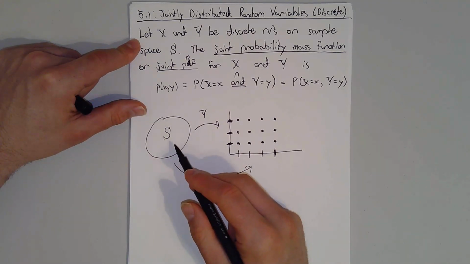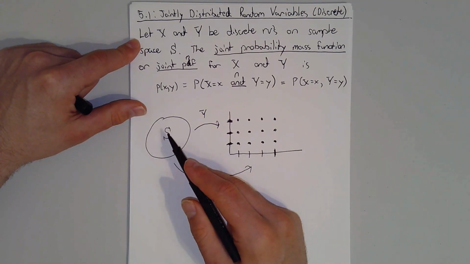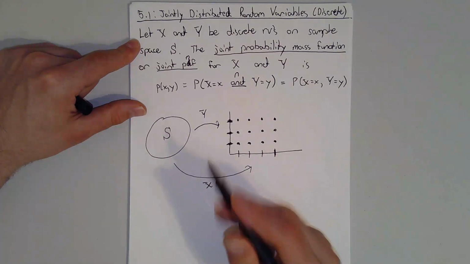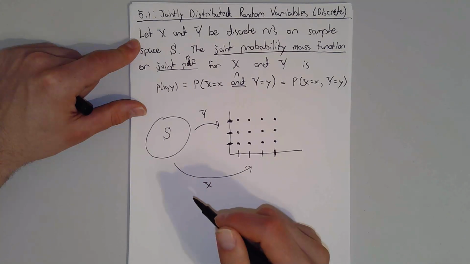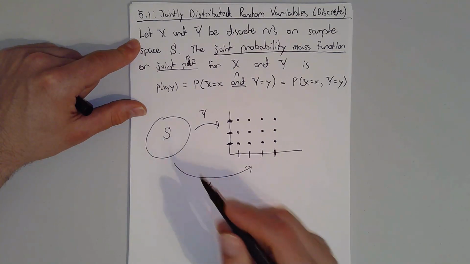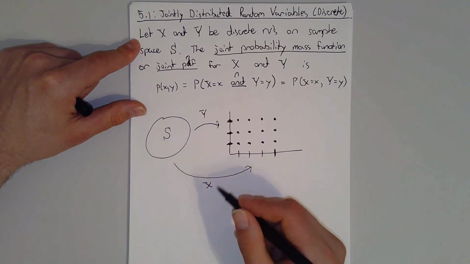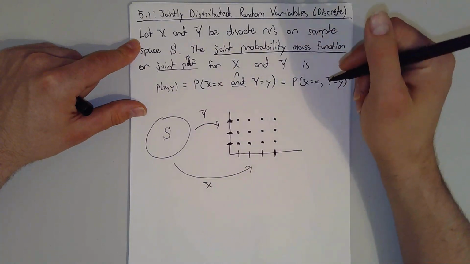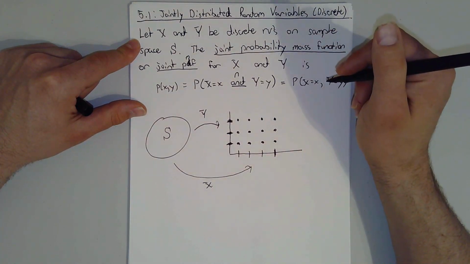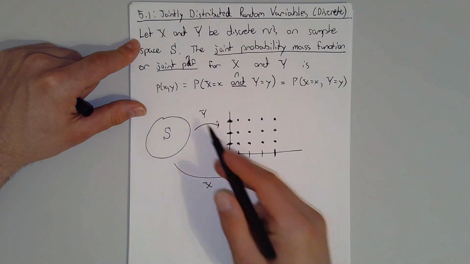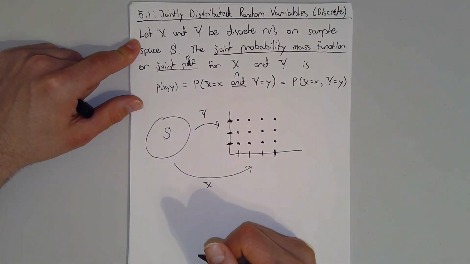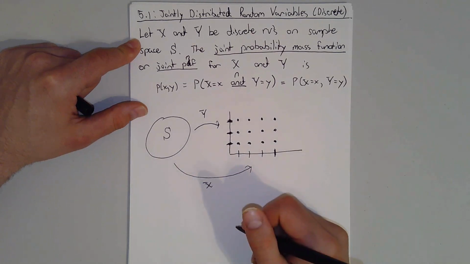You give some element or outcome from your sample space, and you get back measurements of that outcome. For example, for a sample space with a set of people, in a previous example we talked about heights of people. So maybe capital X still refers to heights of people, but instead of just recording the heights, maybe we record the heights and the weights of people, which would then give the following picture.